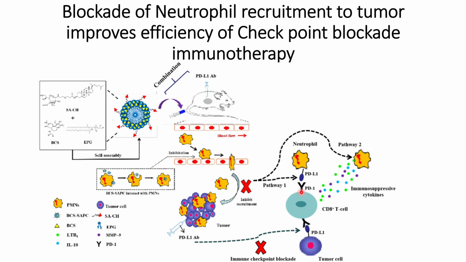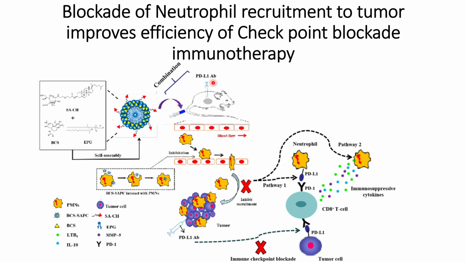The other way these neutrophils inhibit T cell function is by releasing immunosuppressive cytokines, and this will also deactivate the function of T cells. So by inhibiting the recruitment of neutrophils at the site of tumors, these two ways the neutrophils inhibit immune function will be stopped or reduced to a greater extent.